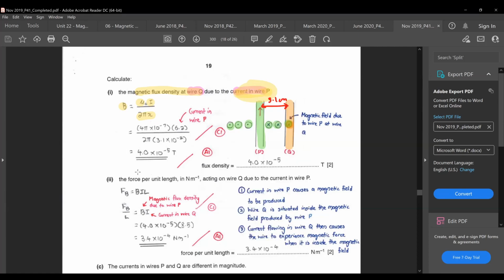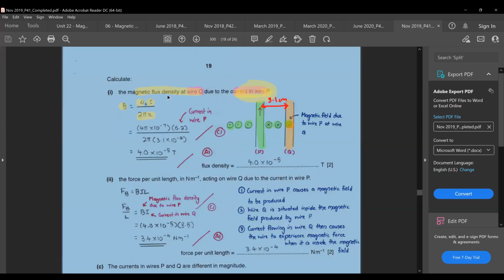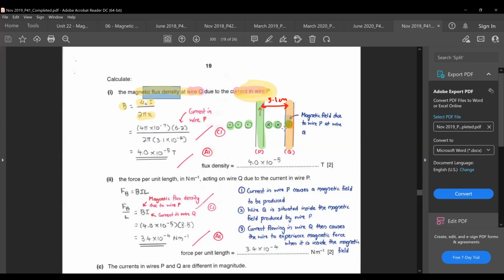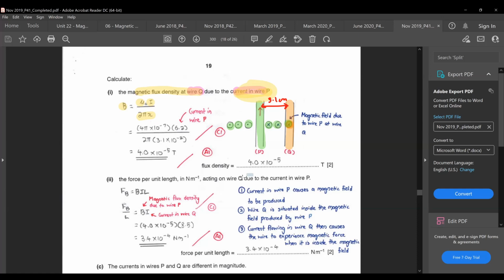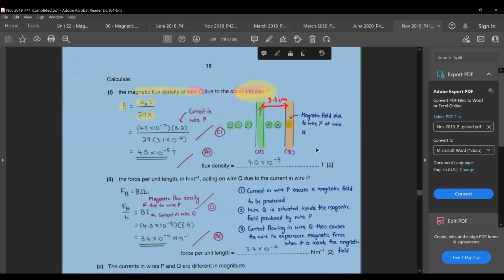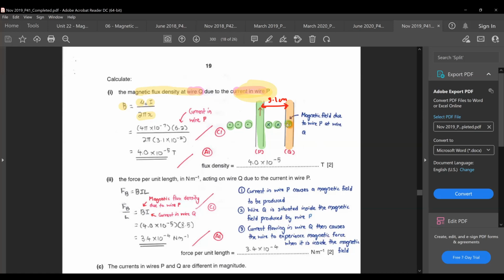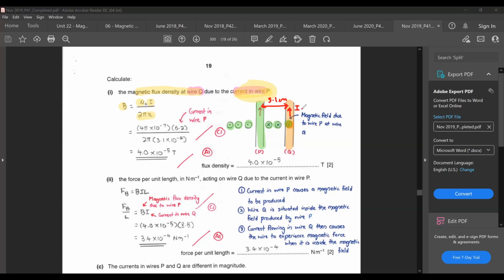Now the next one asks you to calculate the force per unit length in Newton per meter acting on wire Q due to current in wire P. So first part they ask you what is the flux density at wire Q due to current in wire P. Now this one they ask you what's the force acting on wire Q due to current in wire P. So as I mentioned earlier to you just now, because this wire Q is inside the magnetic field of wire P, and at the same time you have current flowing through wire Q, you're going to have a magnetic force being produced.